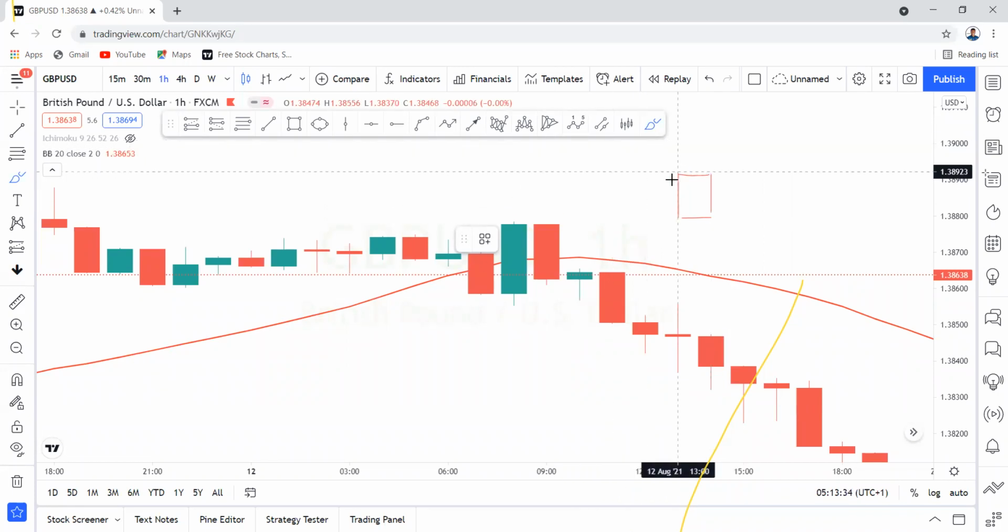I think we are not going to use that. Let's focus right here. I want to believe that everyone can see the candlestick that I want to illustrate on.